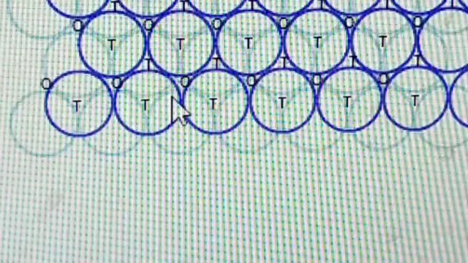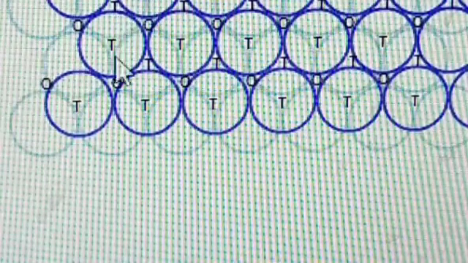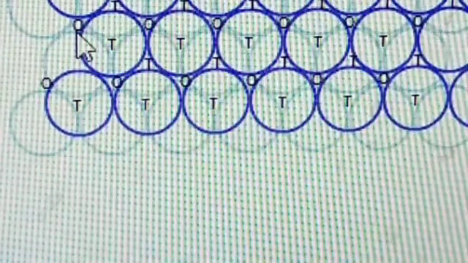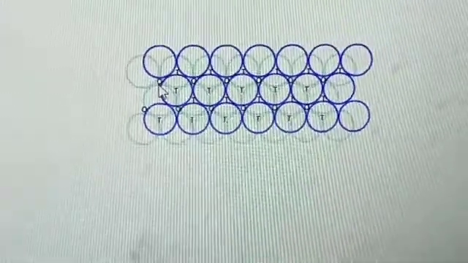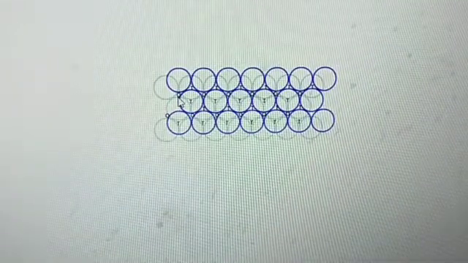Okay. So in this type of arrangement, placing the second layer over the first layer, we can get two types of voids: tetrahedral voids and octahedral voids. Here T means tetrahedral voids and O means octahedral voids.